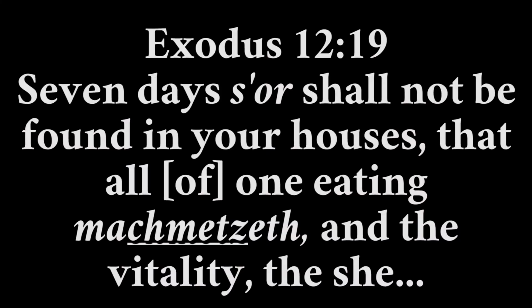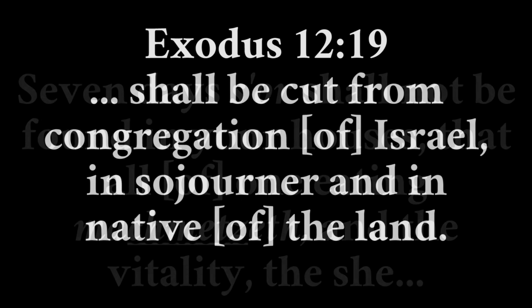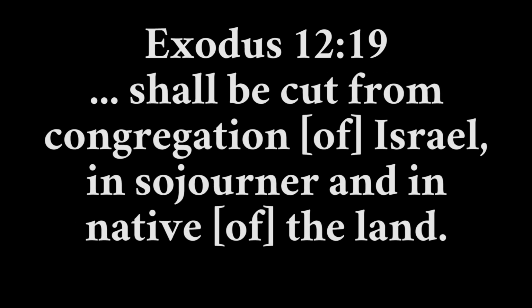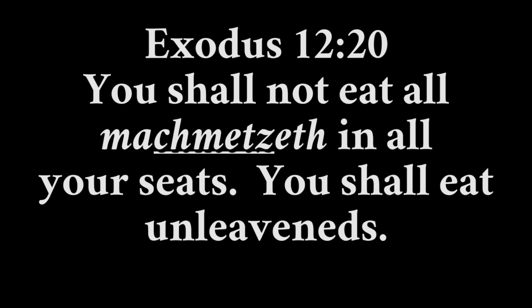Let's also look at Exodus 12:19. 7 days seor shall not be found in your houses, that all of one eating caused to leaven, that's derived from the word chametz, and the vitality, the she, shall be cut from congregation of Israel, in sojourner and in native of the land. Continuing into verse 20, you shall not eat all caused to leaven in all your seats.